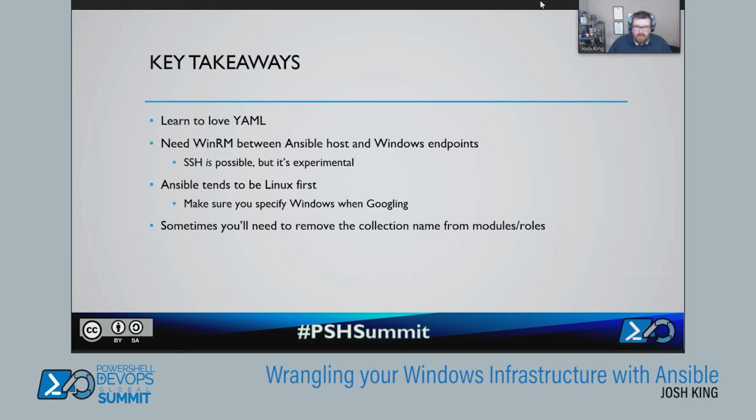And you'll notice sometimes I was specifying the full collection name and module, and other times I was just specifying the module name. For example, instead of ansible.windows.win_copy, it was just win_copy. Some commands will only work with the shortened version.